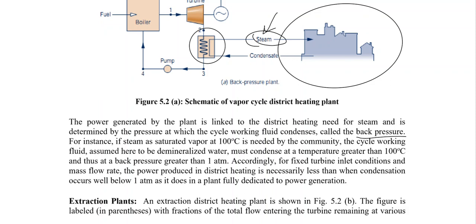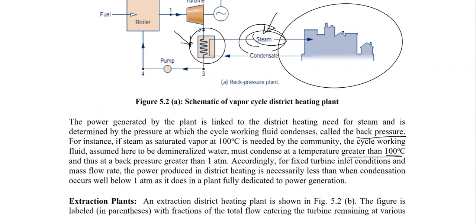For instance, if a steam as saturated vapor at 100 degrees centigrade is needed by the community, so the cycle working fluid, assumed to be demineralized, obviously water, must condense at a temperature greater than 100 degrees centigrade. So obviously, if we have got a temperature greater than 100 degrees centigrade over here, that means we can produce a steam which would be actually at 100 degrees centigrade.